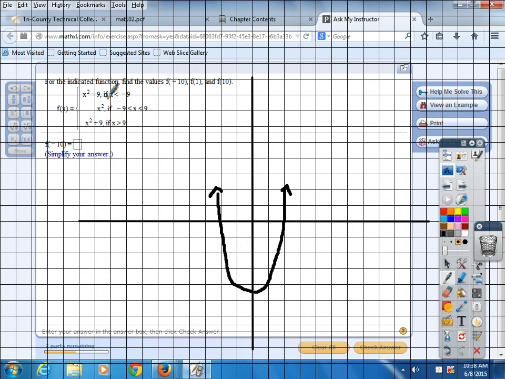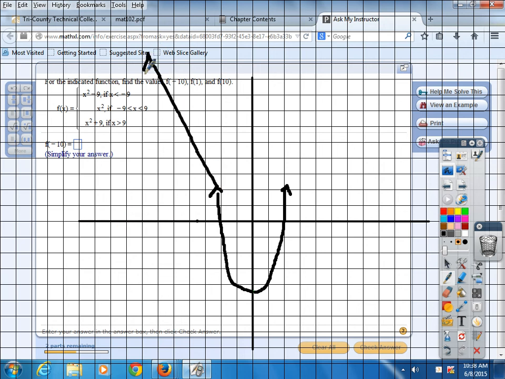But it says if x is less than negative 9. Here's negative 1, that's 2, 4, 6, 9. X is less than negative 9. So that's these numbers down here, isn't it?